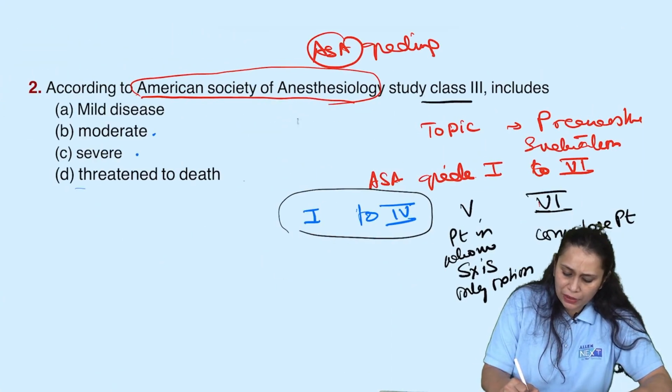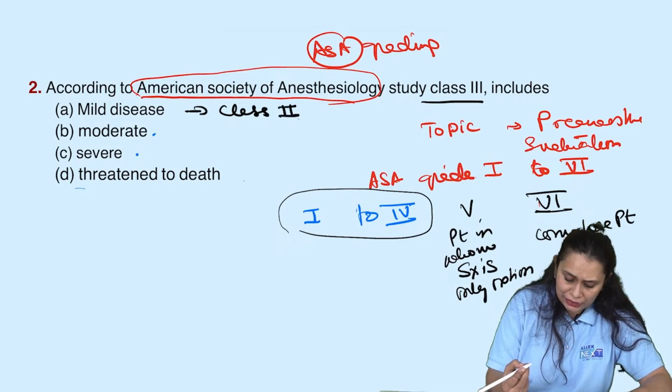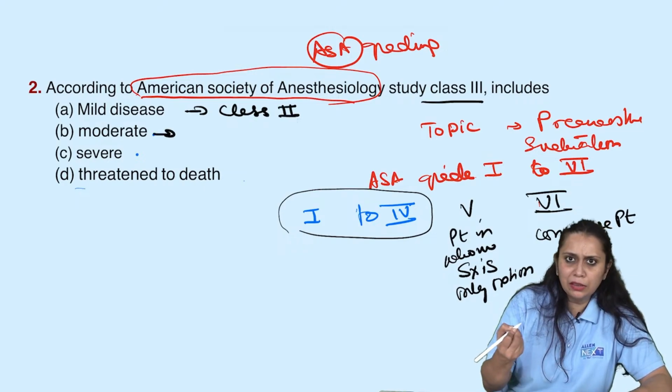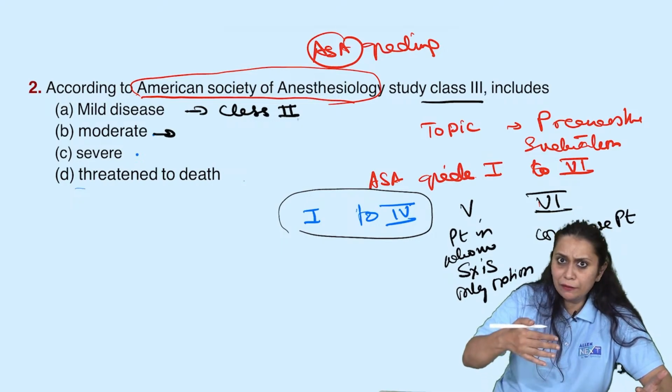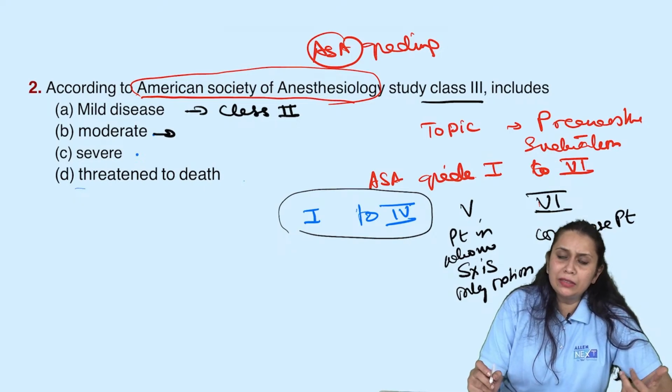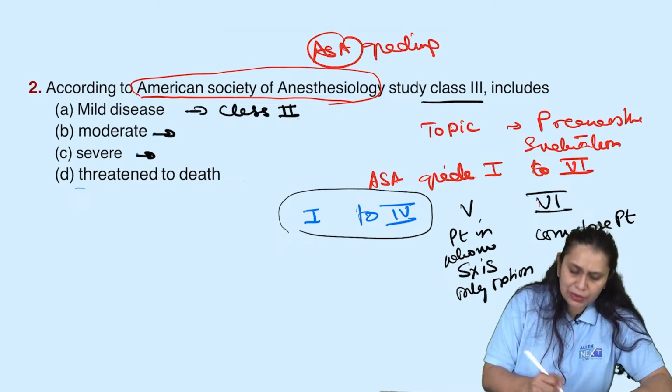So patient of class 3 includes mild disease? No, that is class 2. Moderate disease? Now moderate can be class 2 or class 3. They have not mentioned with what kind of limitation. So let me see. Severe disease, and threatened to death.